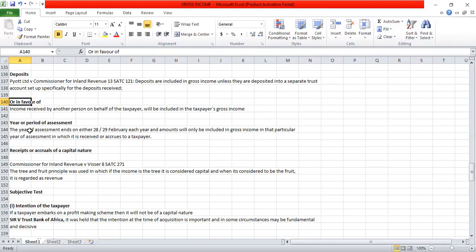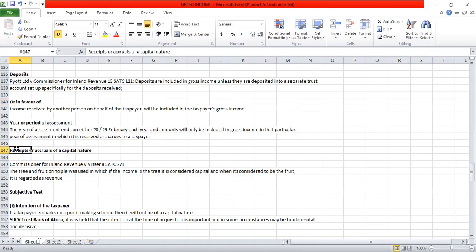Of course, we're going to learn later that there is income you include in your income, but then it can be exempted. Then when it's exempted, you then have to subtract it again. Right, but the first thing is it has to be included in gross income, if it's your income. So not all gross income will be taxed, but it has to be included. Then some of it will be exempted. We're going to learn about that.